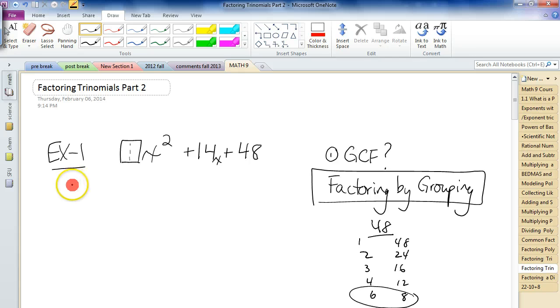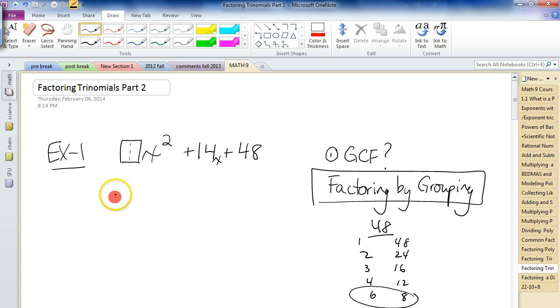Now, the difference is I'm not going to put the brackets in and do my thing with this. What I'm going to do instead is rewrite this with the 6 and the 8 to show you where the 14 came from. So I'm going to rewrite this middle term with these two terms.